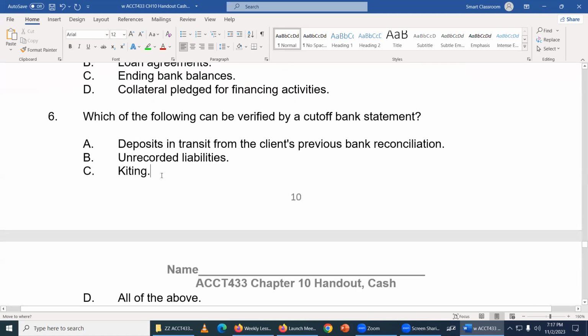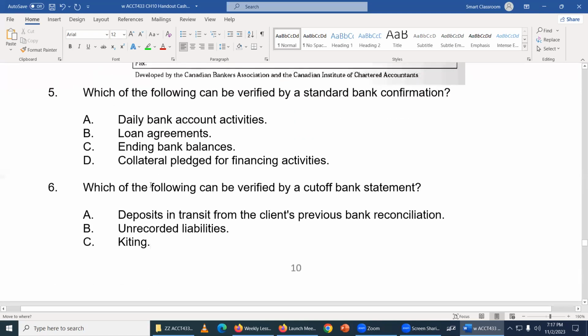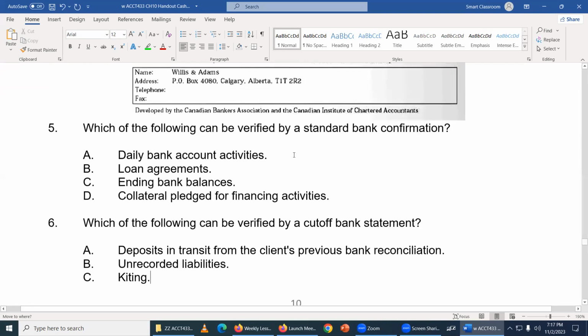Okay, which of the following can be verified by a standard bank confirmation? Is it C? Yeah, actually, it's a number of these. It will tell you the loan agreements. Yes, it will.